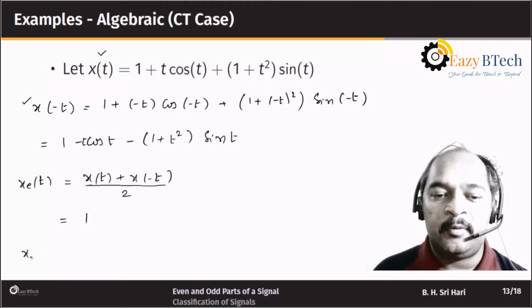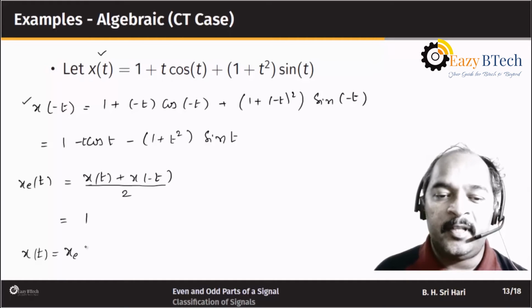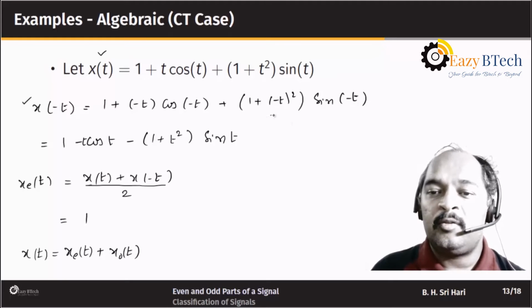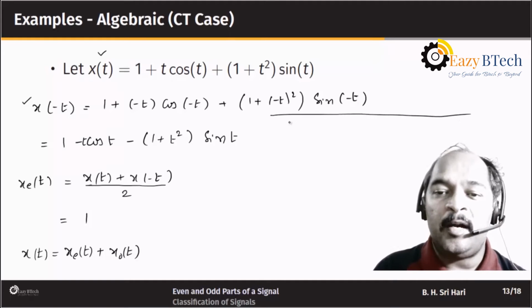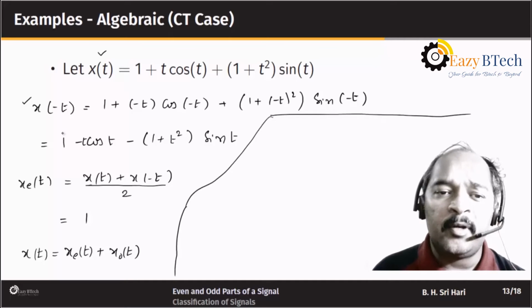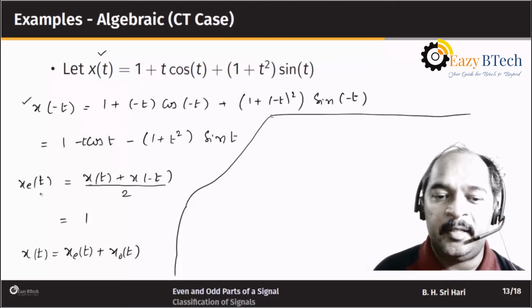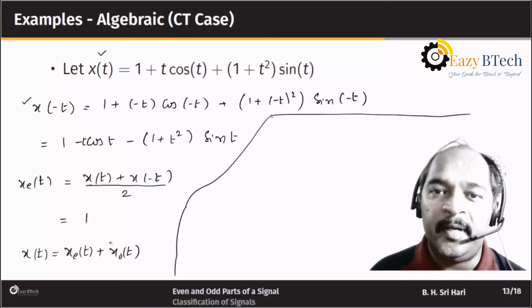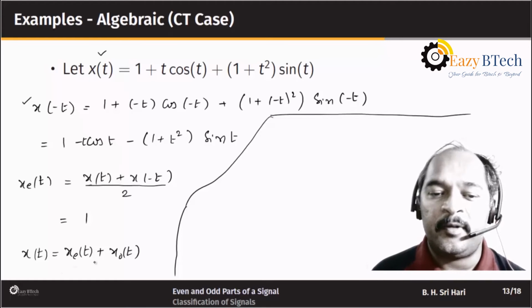But if you look at our x of t, we know that x of t is nothing but xe of t plus xo of t. That is what we have studied, right? To find the odd part, there are two ways here. You can subtract x of minus t from x of t and divide by 2, or if you are a bit smart, from this equation itself you can get it.